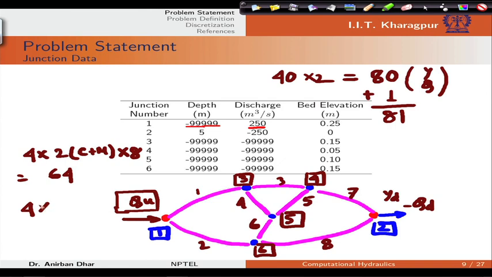For each junction we get 3 conditions, that is 1 continuity and 2 energy conservation conditions, and this gives 12 conditions out of this.